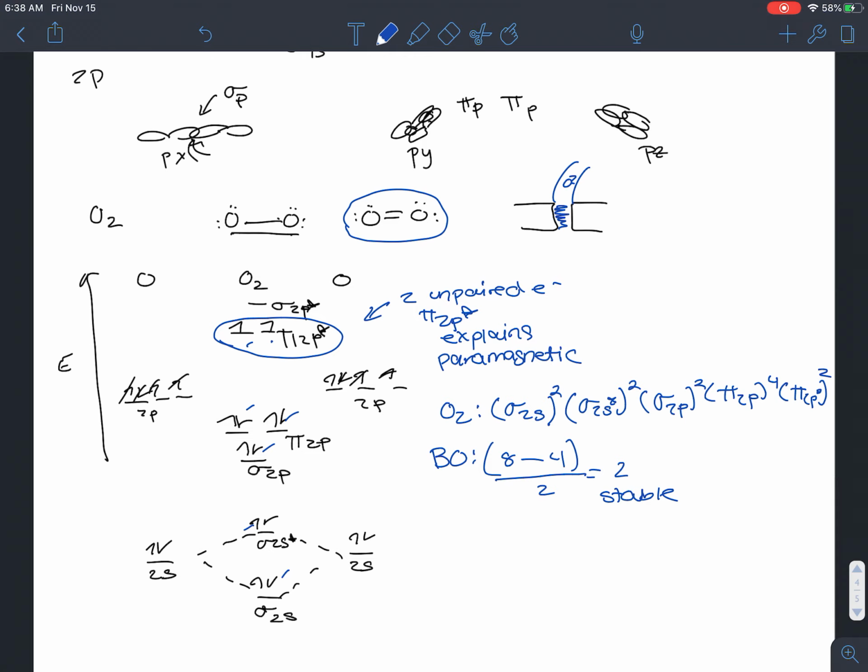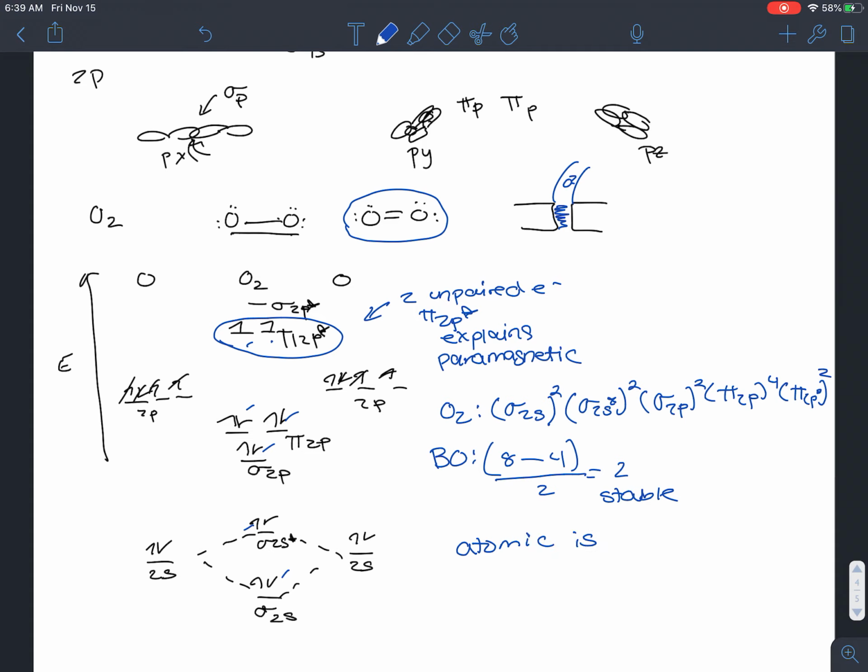Now, actually talking about the difference of when you have not sigma 2p first and pi 2p first. This happens in diatomic period 2 elements, or molecules I should say, that have an atomic number less than 8.